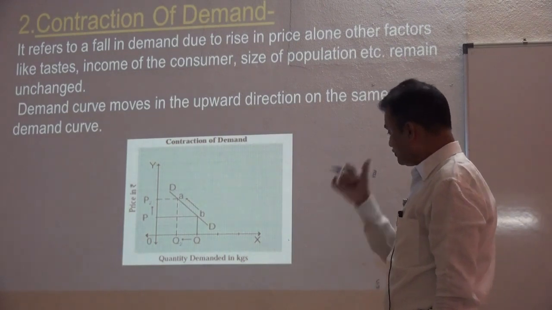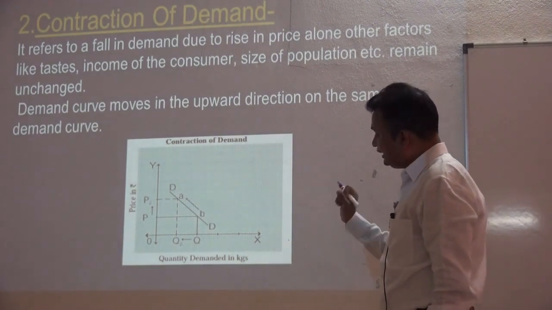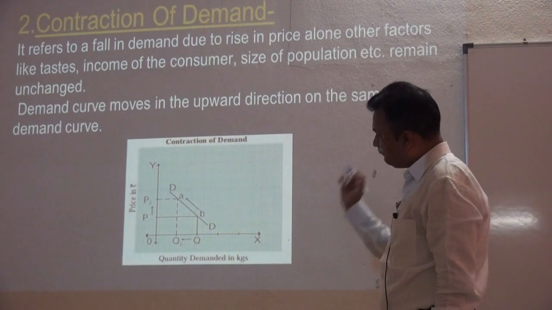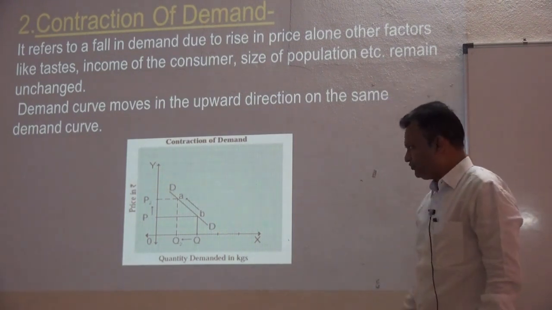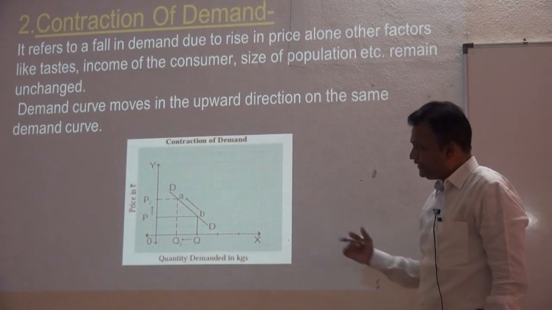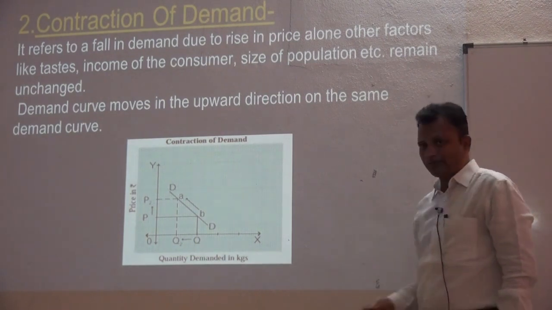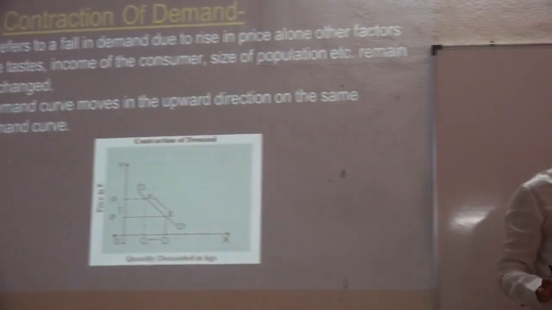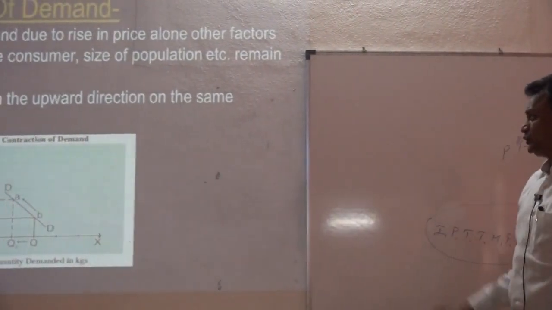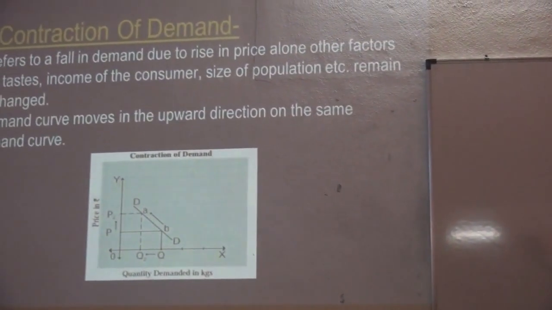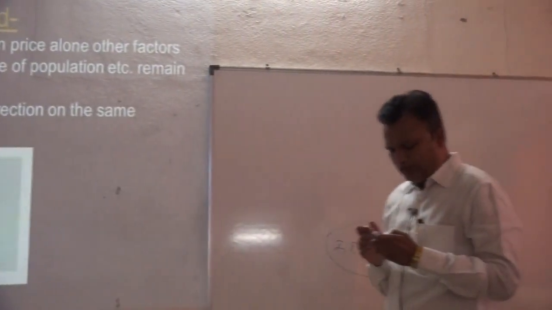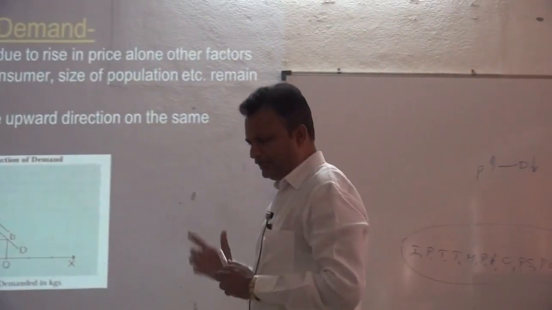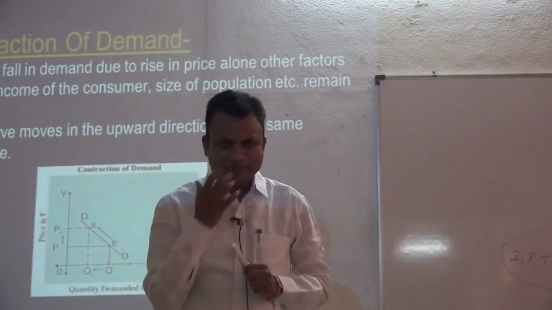In the case of contraction of demand, demand moves upward along the same demand curve. Movement of demand from point B to point A in this diagram represents contraction of demand. These two important concepts are usually explained by Dr. Alfred Marshall under the head of variation in demand.